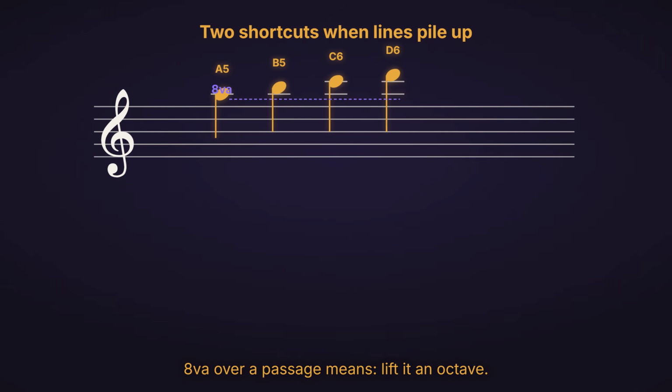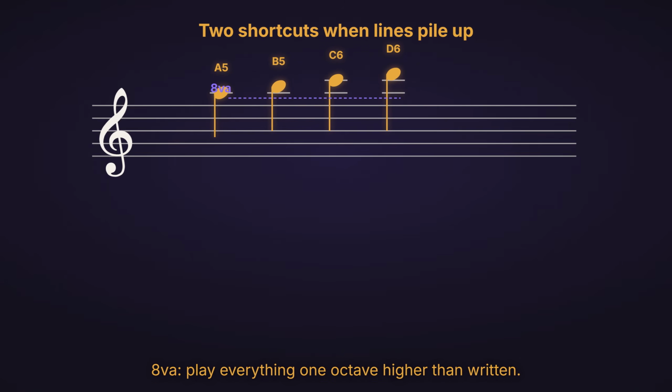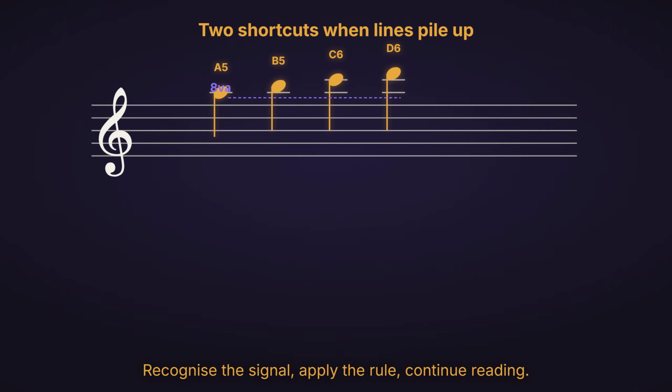It means play everything under that bracket 1 octave higher than written. So a melody that would need 3 ledger lines above the treble staff can instead be written on the main lines, with 8VA telling the performer to lift it an octave. Both devices are signals to the reader, not obstacles. Recognize them, apply the rule, and continue.